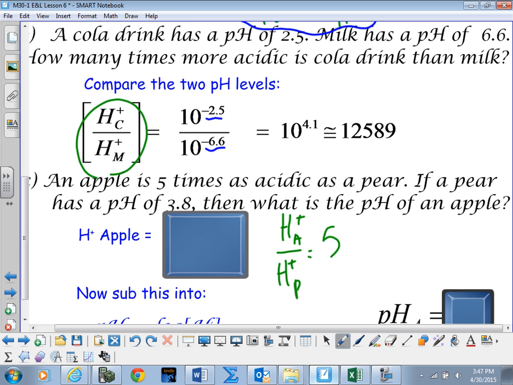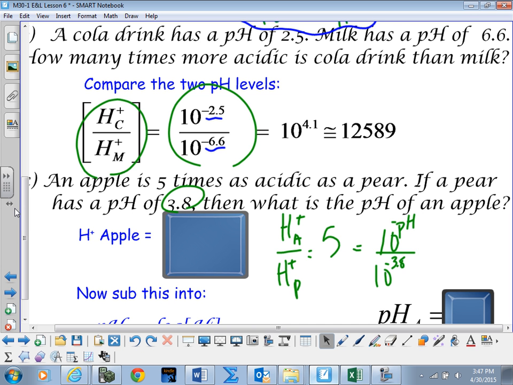Now, the pear has a pH of 3.8. So in the form that we were looking at up here, isolating the hydrogen concentration, we would put the pH in the exponent, so that's negative 3.8. And this is going to be the pH of the apple.